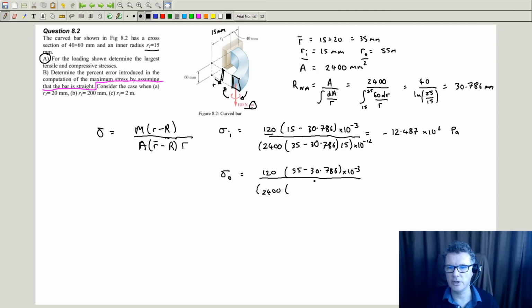I could have converted that, I suppose, into millimeters and then got the answer into the megapascals. .55 there times 10 to the minus 12 there. So this case, 120 times 55, 2.76 that.